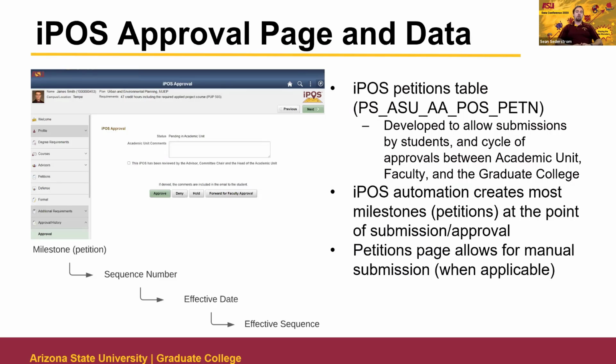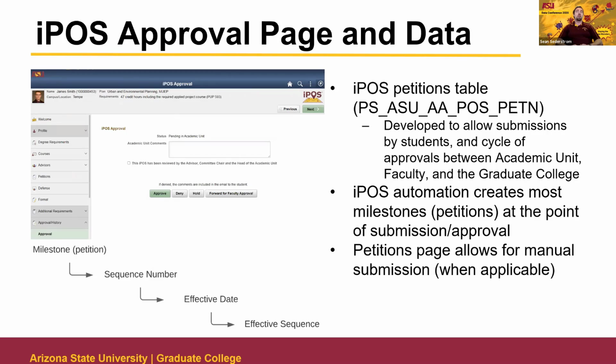And then I think this is the part that tends to trip people up, which is the sequence numbering. Sequence numbering is not unique in the iPOS tables, but I think we use it a little bit differently than some other instances. So essentially the way it works is that when a petition, let's say the initial submission of the iPOS, is submitted and then going through the various stages of approval, it is assigned a sequence number.